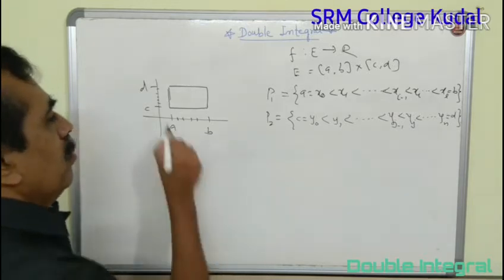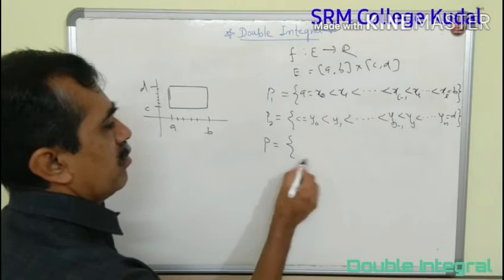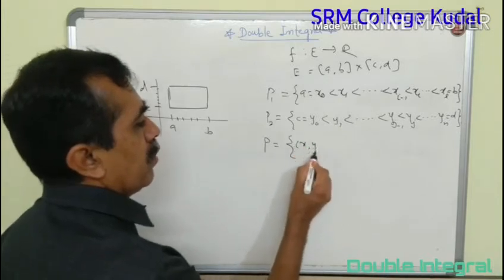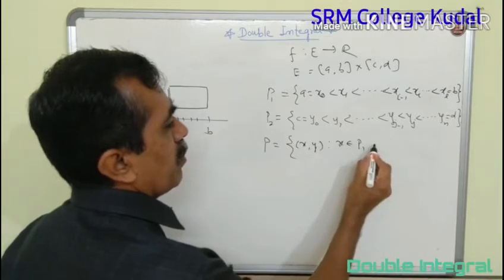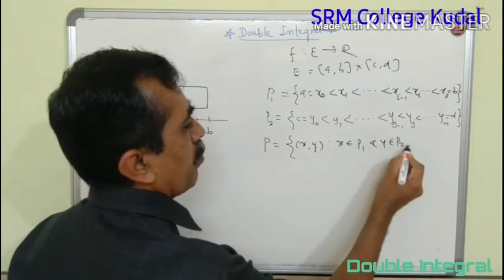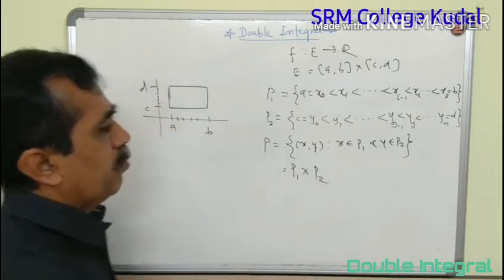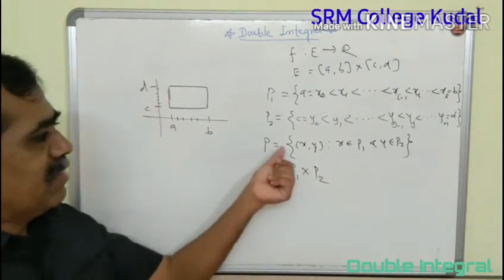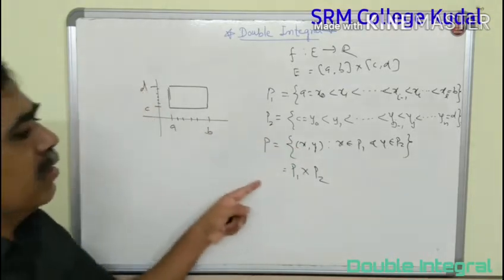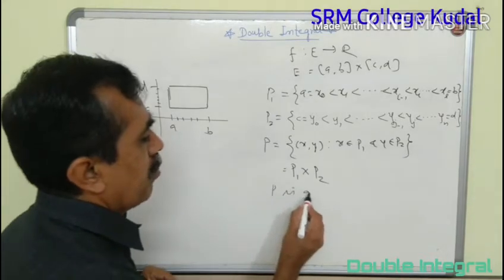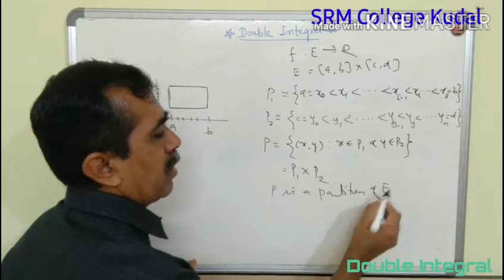Now the set P, which is given by the set of all (x,y) such that x belongs to P1 and y belongs to P2. That means P is the cross product of P1 and P2. So this set forms a partition of the rectangle E. So P is a partition of rectangle E.